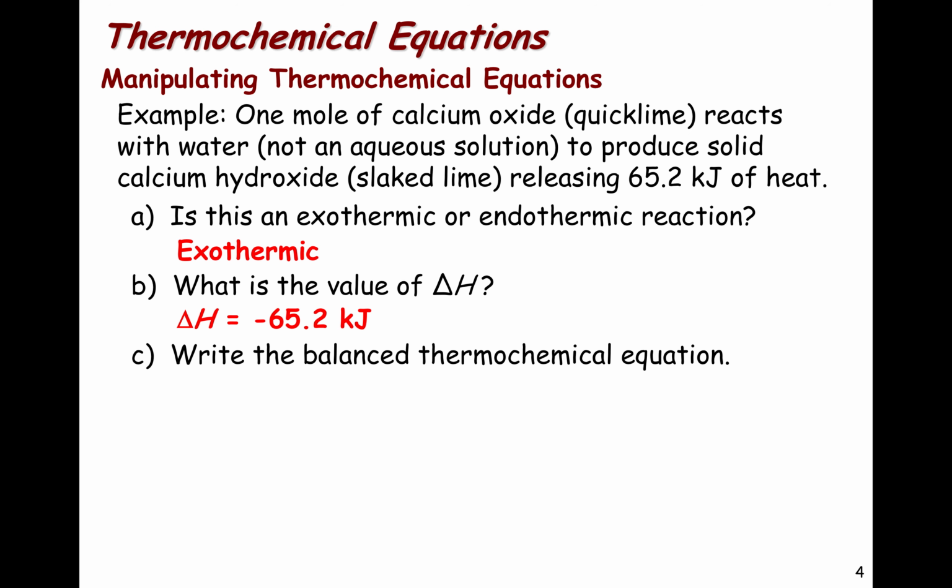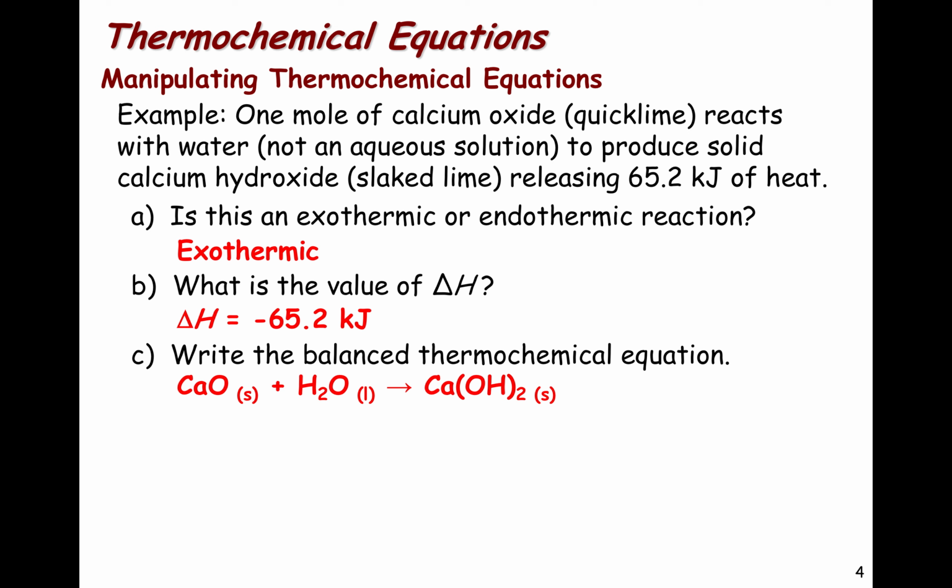Finally, we write the balanced thermochemical equation. In this case, we have to first write the formula for calcium oxide, and CaO will react with our water. Those are our two reactants. And then our product is going to be calcium hydroxide, calcium being 2 plus and hydroxide being 1 minus. That requires there be 2 hydroxides in the formula of our product.